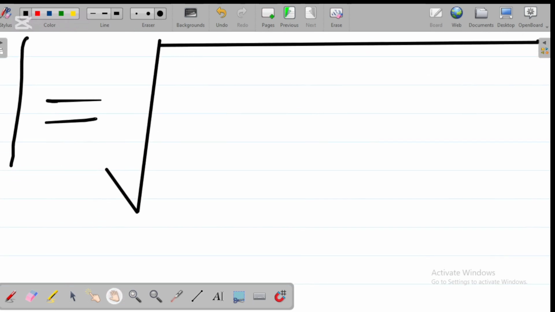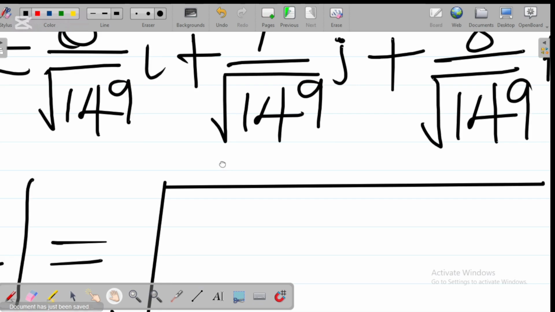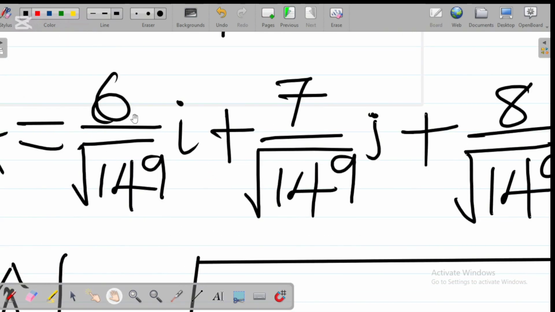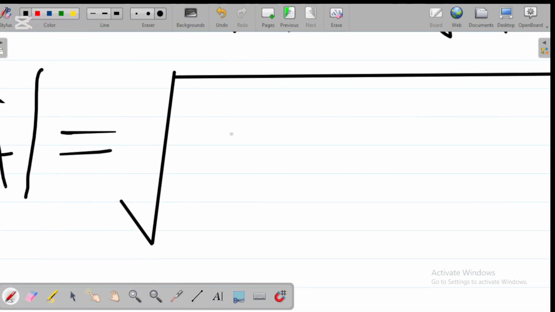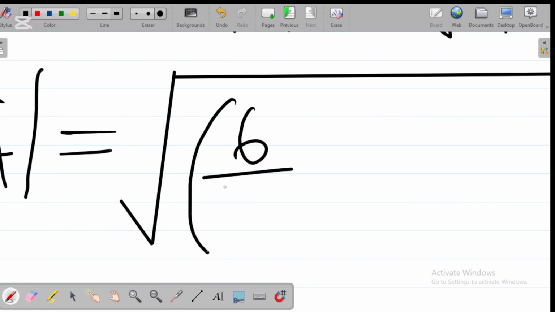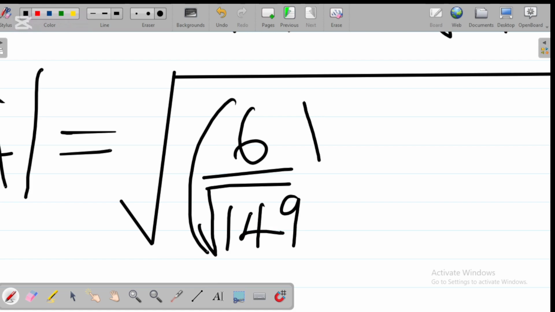So we are going to square the coefficient of i. The coefficient of i here is 6 all over square root of 149. So we have 6 over square root of 149, and then we are going to square it.